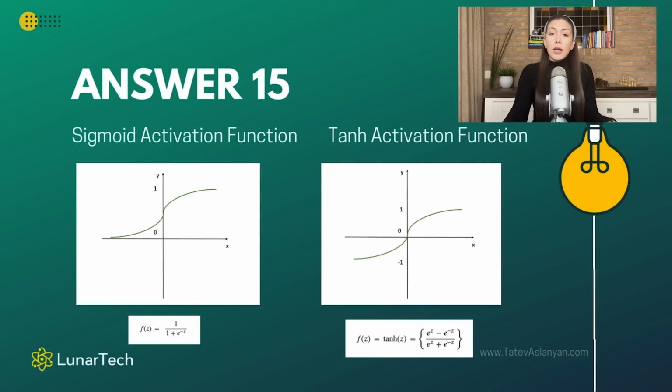So minus 1 and 1 in case of the tanh function, and 0 and 1 in case of the sigmoid activation function. So therefore, like in case of the sigmoid activation function, we are saying that the tanh activation function suffers from saturation, and this means that the tanh activation function inherently causes the vanishing gradient problem because it's causing the gradients to vanish, and that's something that we want to avoid.